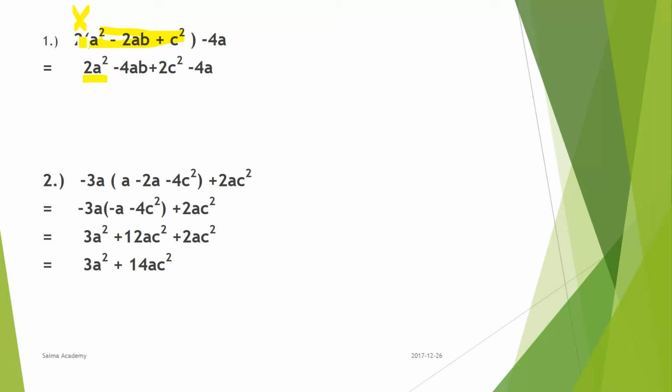You do not have to multiply 2 with 4a because 4a is not in the parenthesis. It is separate. After the parenthesis is a minus, then 4a. So you do not have to multiply it with 2. Minus 4a, write it down as it is.